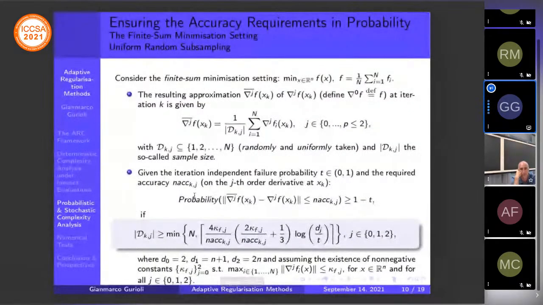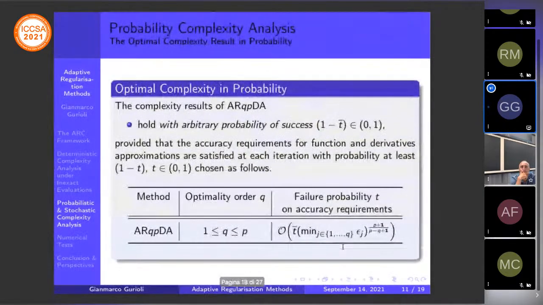From a probabilistic point of view, the request on the agreement between the exact and the next set quantities can be satisfied in probability, with probability of success at least 1 minus t, providing that the sample size d_kj for the approximation of the jth order derivative at iteration k, where j equals 0 refers to f, satisfies the inequality in the box.